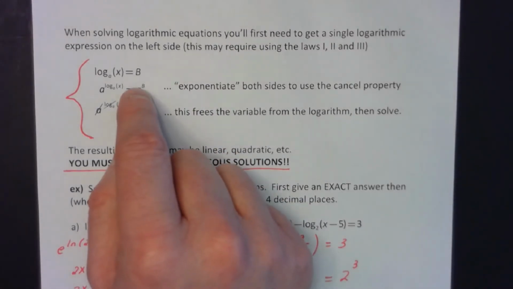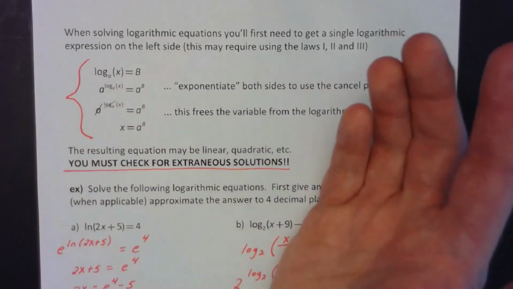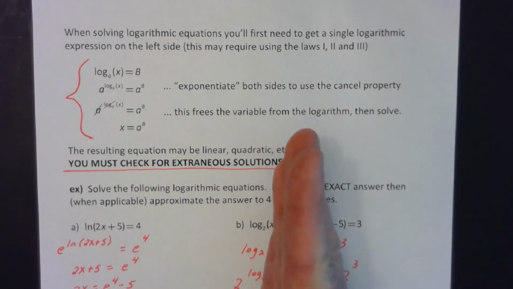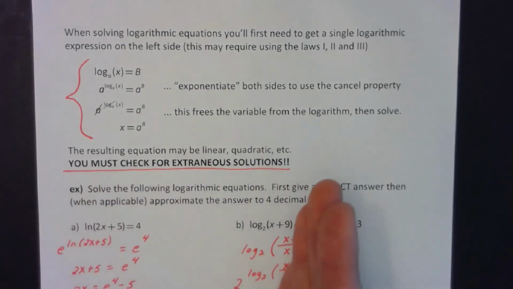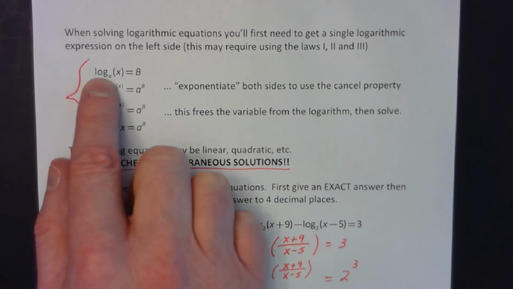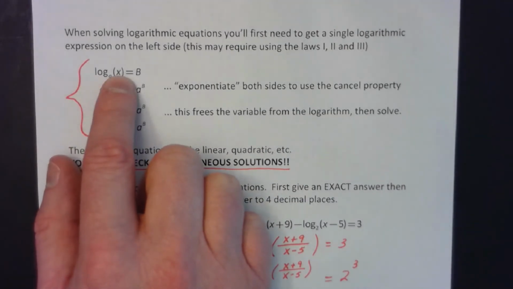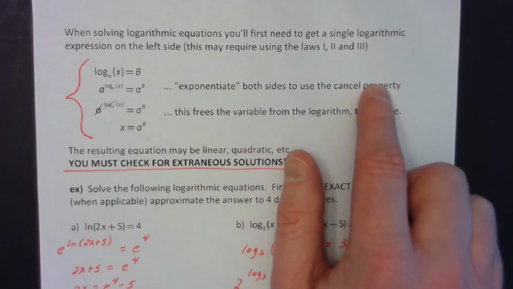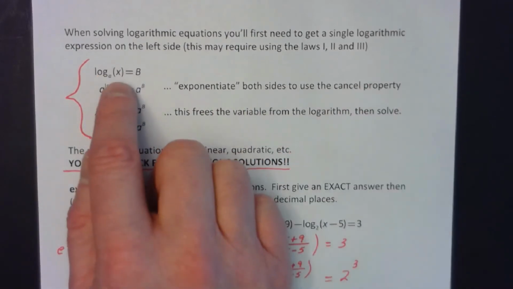But the basic premises of how we solve a logarithmic equation, it's the same as the exponentials. You're going to get the log function by itself, then you take the inverse of it on both sides to get rid of it. The inverse of a log base a of x is an exponential base a of x. So we exponentiate both sides of the equation to cancel out the log function.